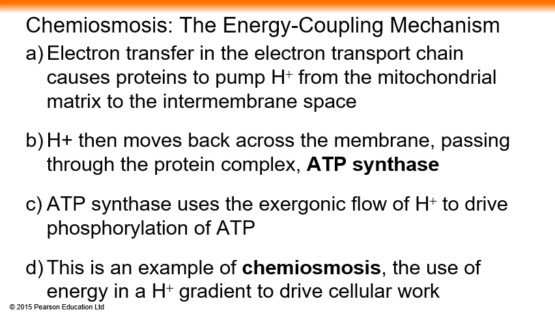This is an example of chemiosmosis, the use of energy in an H plus ion gradient to drive cellular work, to produce ATP.